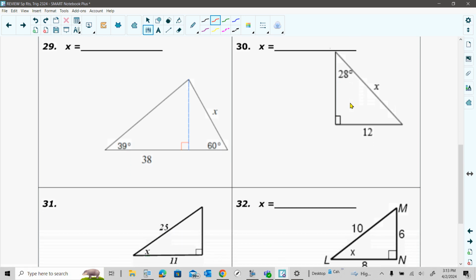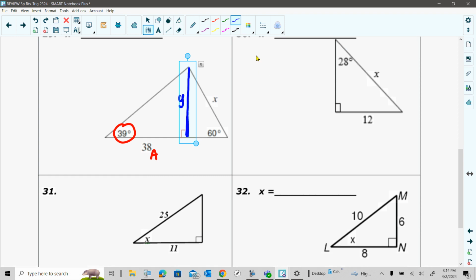So on a multi-step here on number 29, we need to start with the 39 degrees and 38 is the adjacent side. I need to get to the shared side here, this missing measurement, so I can get to my x. So I'm just going to relabel this as y. And if I do that, I can now see this is my opposite side and my adjacent. So I can start off with tangent of 39 equals opposite y over adjacent.